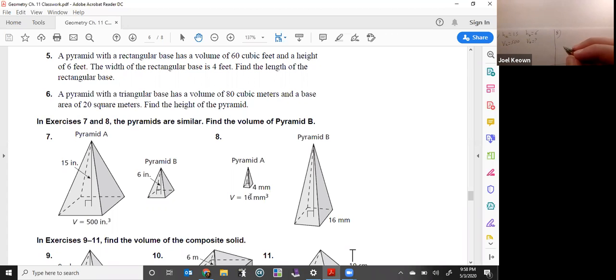It's kind of hard to tell what that 4 and 16 are. I'm going to call it height, but I'm not completely sure what it is, but this would really matter in my problem. H of A is 4, V of A is 16, H of B is 16, V of B, okay.